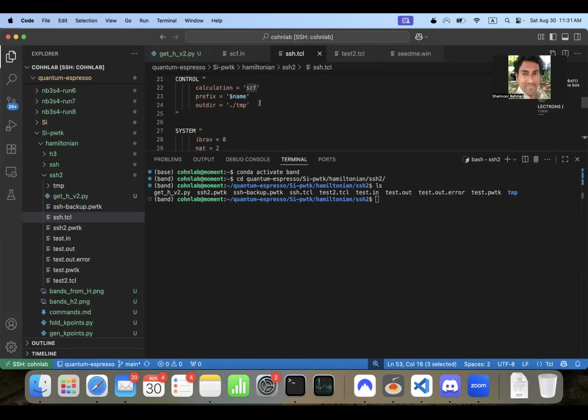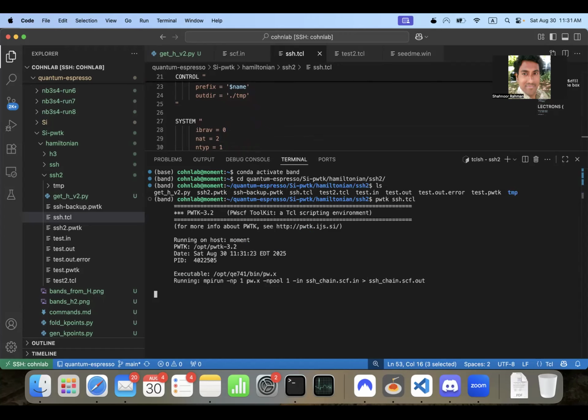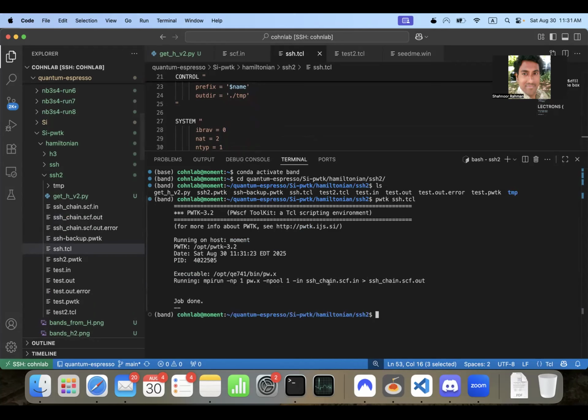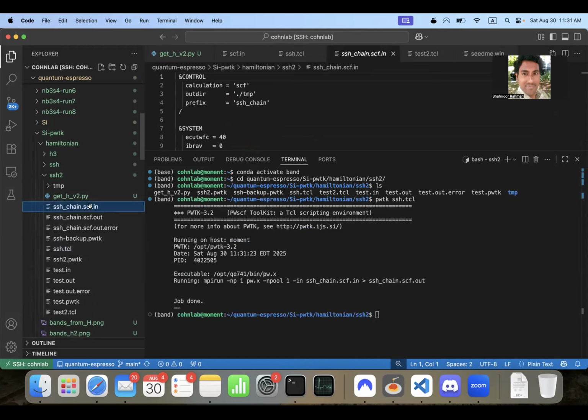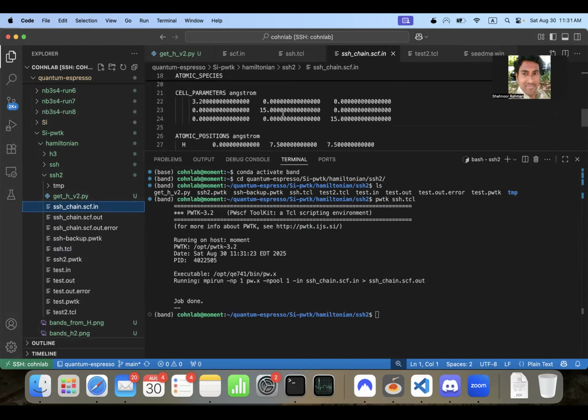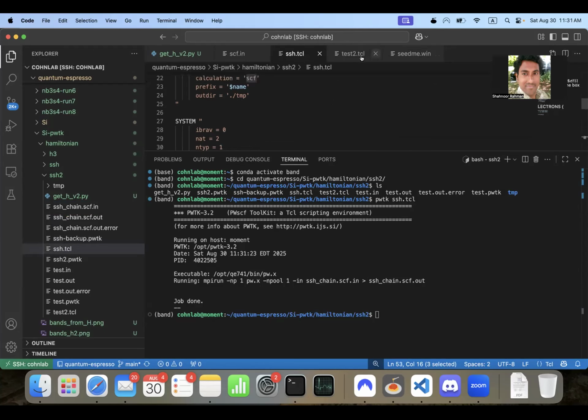And since our calculation type is SCF, it's going to run SCF computation. So if I do pwtk ssh.tcl, this exact file, it's just going to run this computation, and it generates the SCF file exactly the way we specified, right? And it does the calculation.